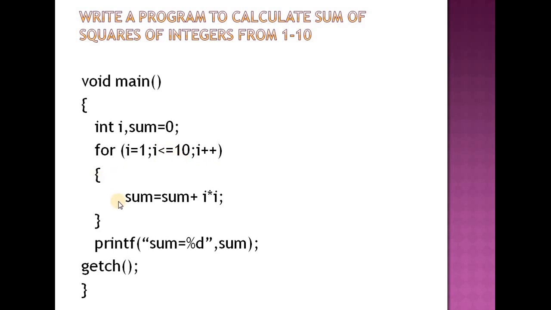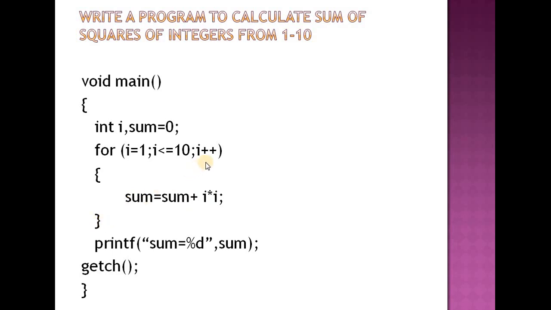Yes. Come over here. What was the value of sum previously? It was 1. 1 plus, what is the value of I now? It is 2. 2 into 2, that is square of 2 is 4. So 4 plus 1, the value of sum will now become 5.